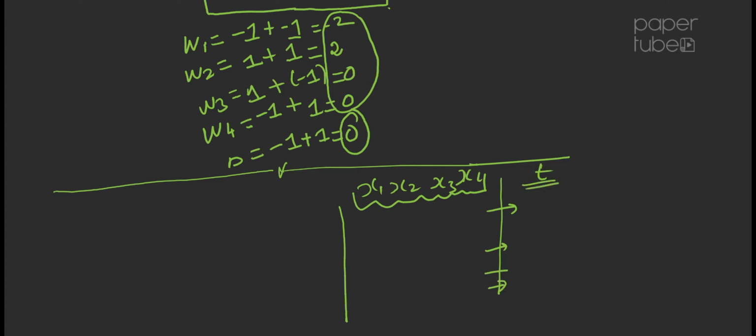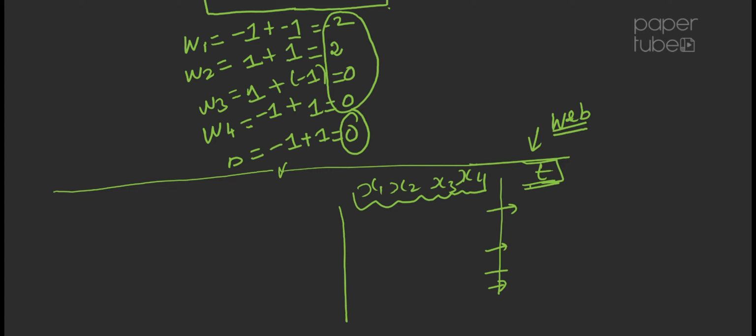So until we achieve this point, we have to adjust our weight and bias continuously. So that's the goal. What we did now is we adjusted the weight and bias for all the 4 samples.